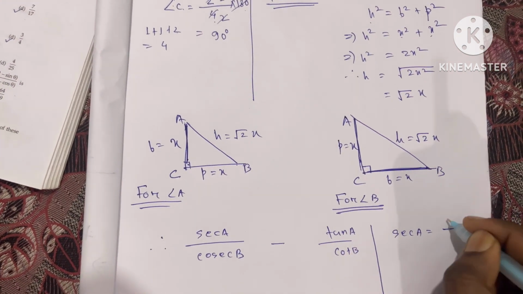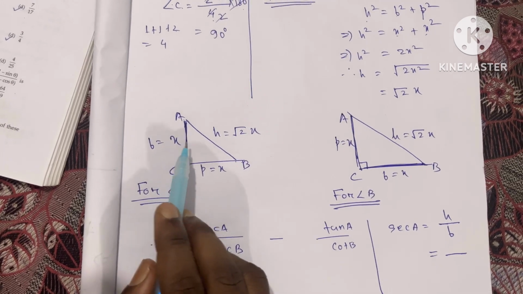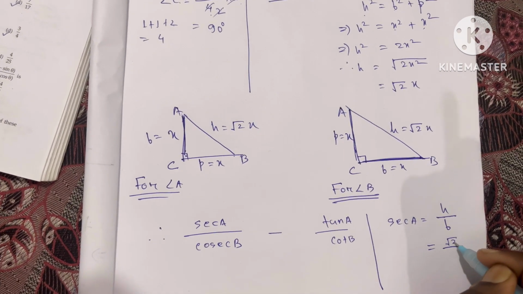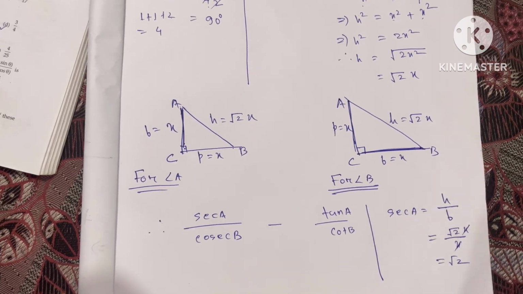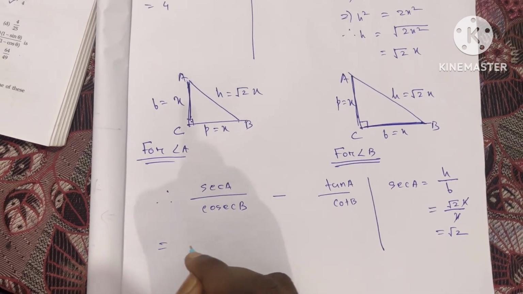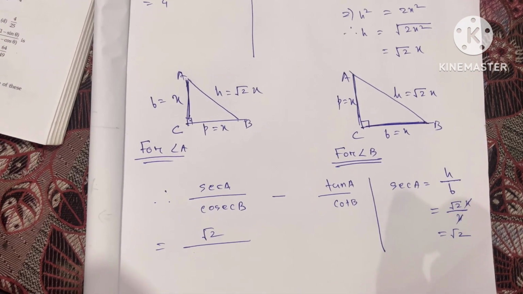Sec A means hypotenuse by base. H is root 2 x, so root 2 x divided by base x, x cancels, and we get root 2. So in place of sec A, we can put root 2.